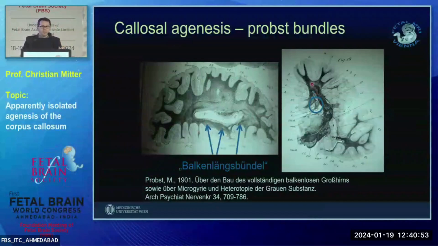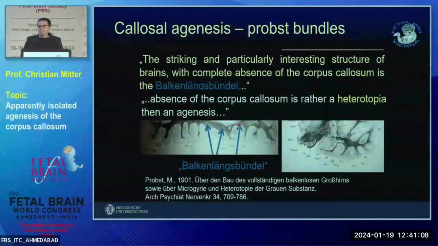He already noticed that this fiber bundle is composed of misdirected commissural fibers that don't cross the midline but instead run along the lateral ventricles. So the name corpus callosum agenesis is actually a misnomer. It's not an agenesis of commissural fibers, it's a heterotopic projection of fibers. And those bundles since then are, in honor of Probst, called Probst bundles.